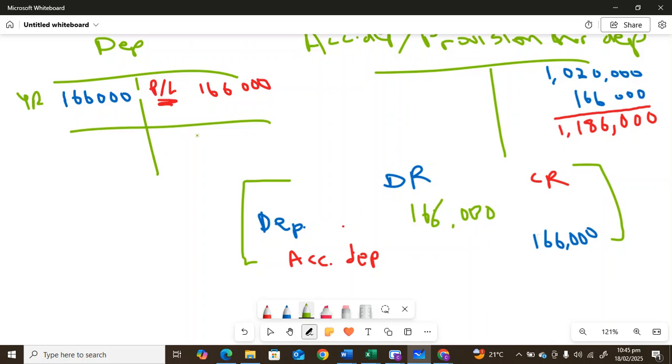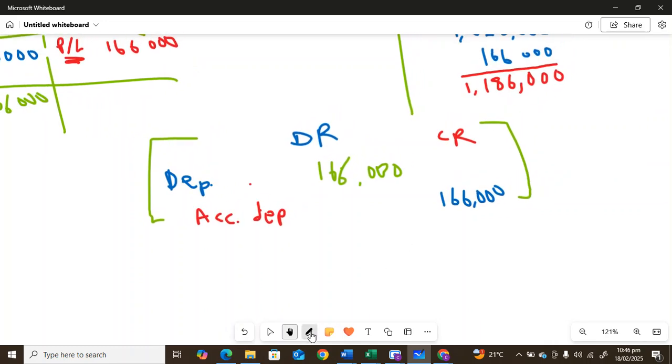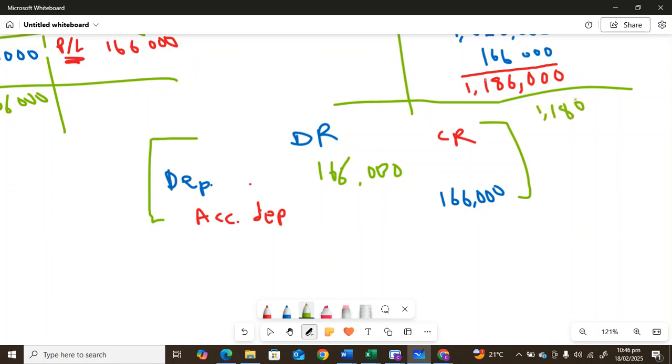You debit here again 166,000, and on the accumulated depreciation in the next year, this 1,186,000 will be the opening balance.